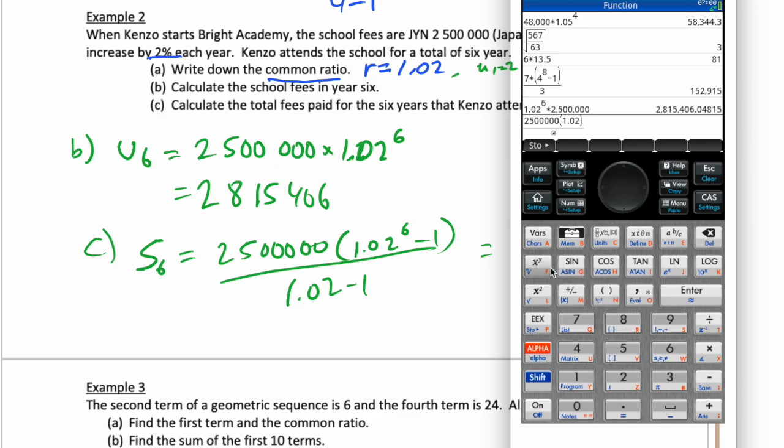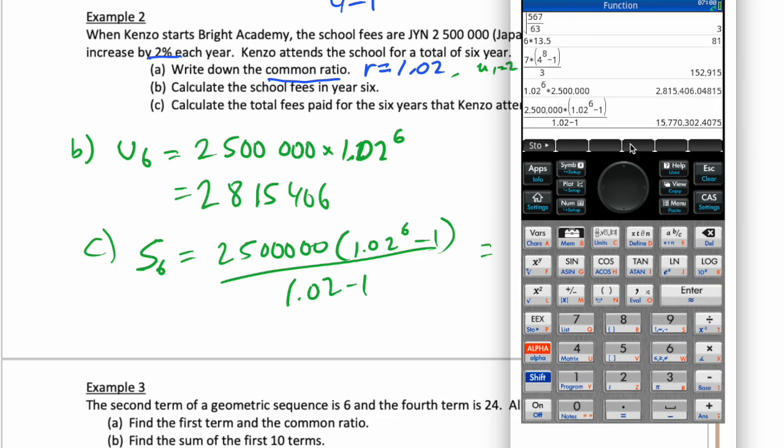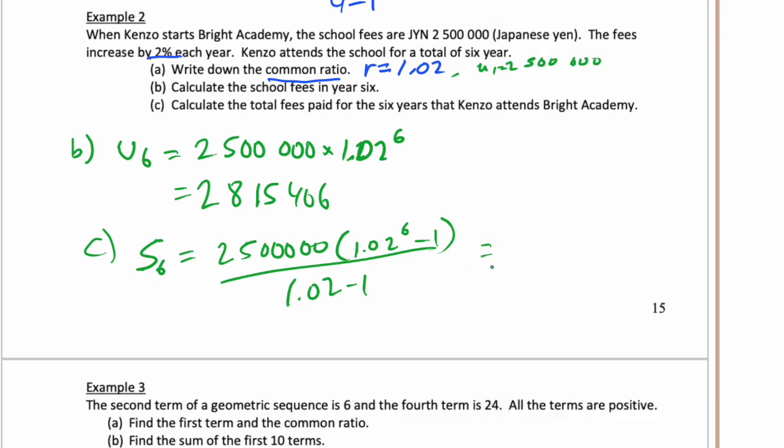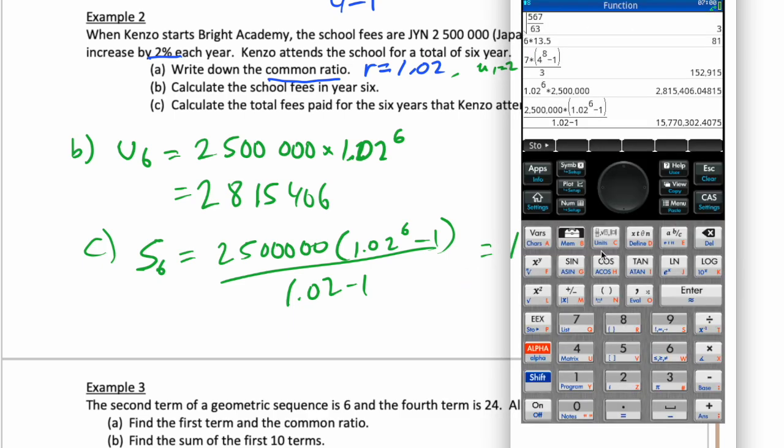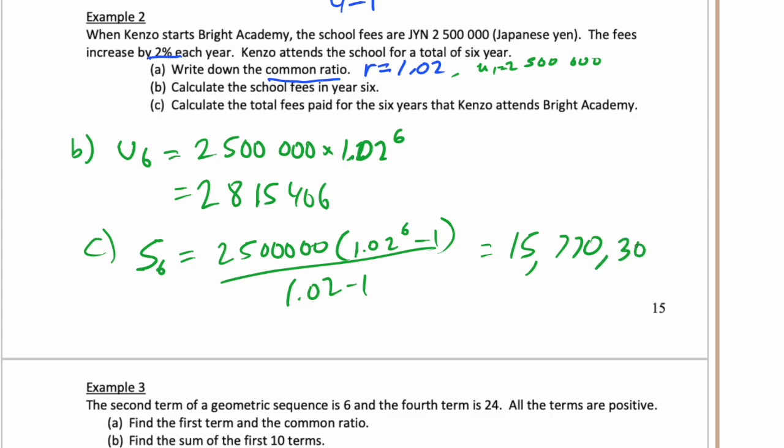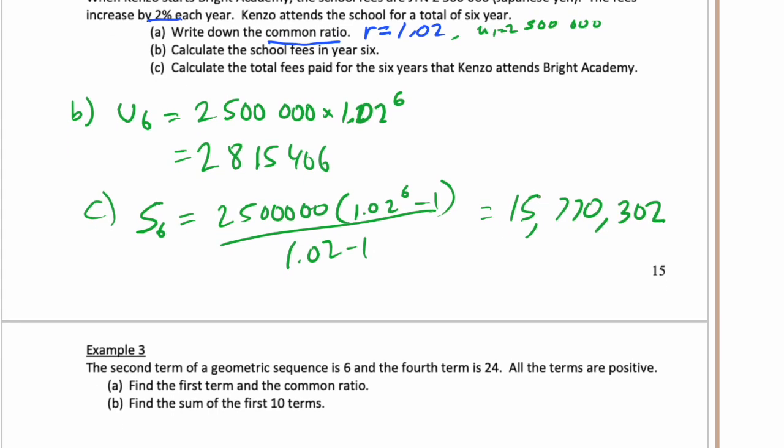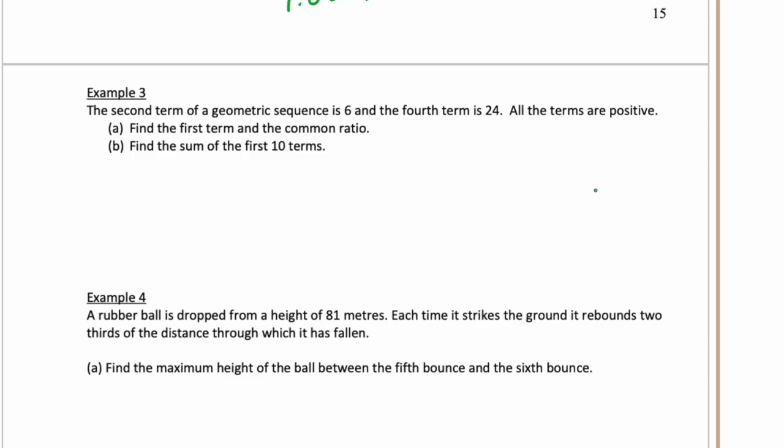And the denominator. And we get, is that 15 million? Yes, okay, that makes sense. 15,770,302. I'm going to round it. I guess on an IB exam they would tell you to round it to a certain amount anyway.